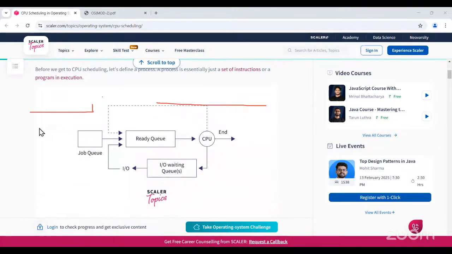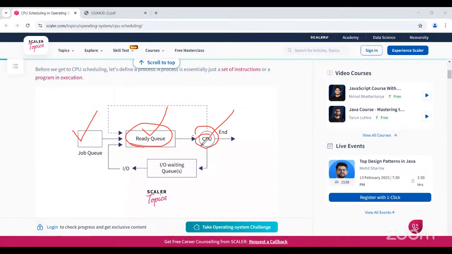See here, the CPU is there, and this is a job queue. From the job queue, the process goes to the ready queue, and from the ready queue it goes to the CPU. This part we are discussing is CPU scheduling, and the process scheduling part we have completed.